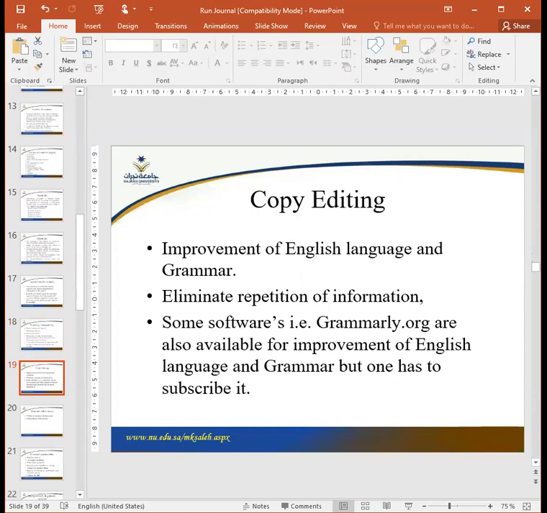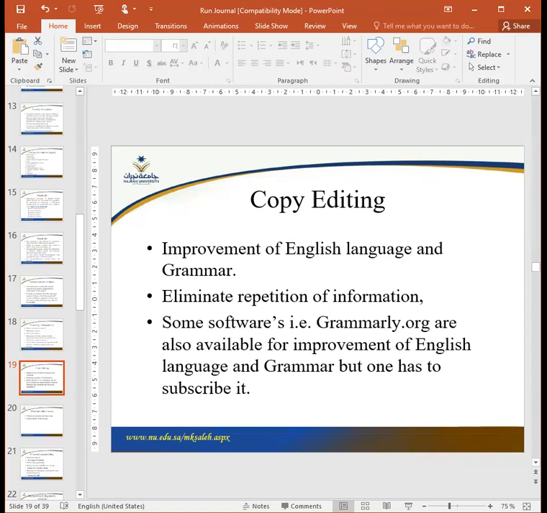Copy editing. Sometimes the manuscripts received for publication need improvement of English language and grammar. If the journal can offer, they should appoint a copy editor. They are supposed to not only improve English language and grammar, but also eliminate repetition of information, and redraw the tables and figures if need be, so that the message is conveyed effectively.